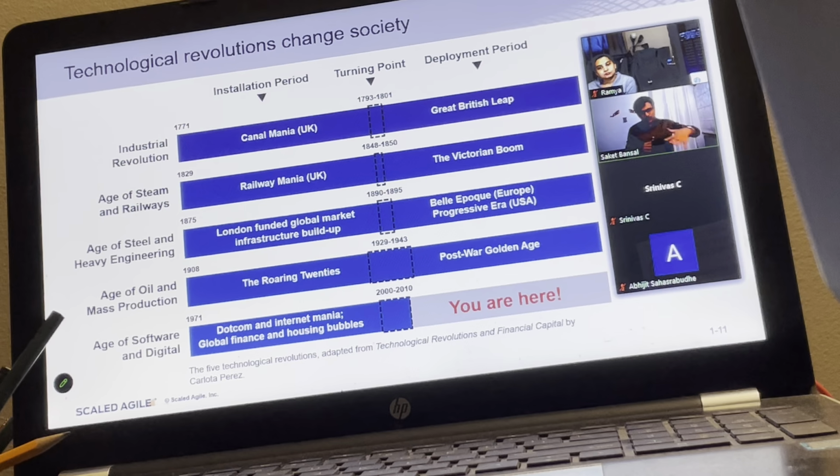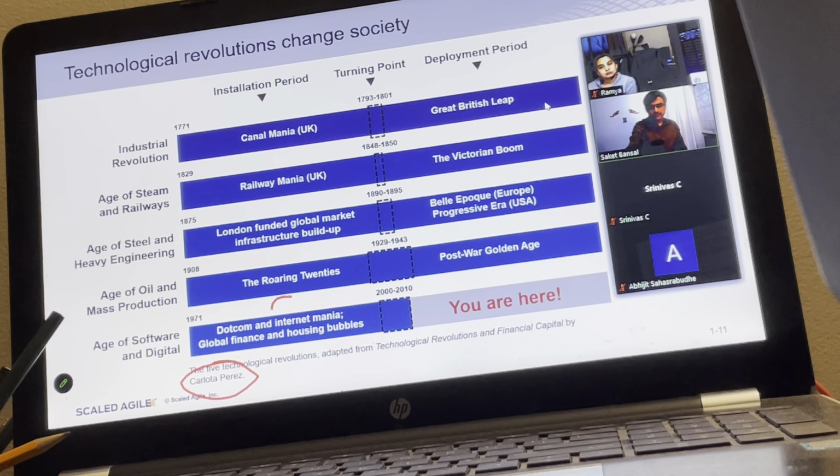Now this is a theoretical reference, showing that there have been many industrial revolutions over a period of time, starting from 1771 till now. There is a lady named Carlota Perez, and she has a mechanism of showing these things: as per her observation, many times these industrial revolutions go through stages.